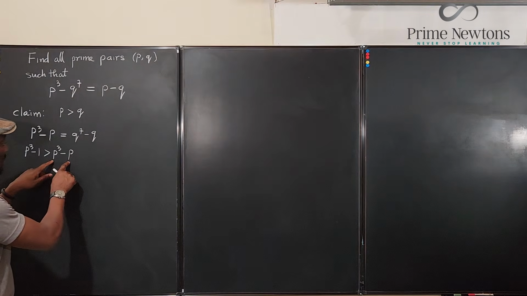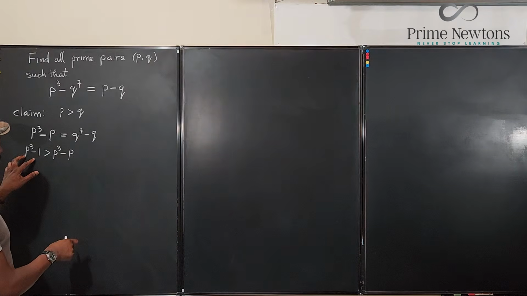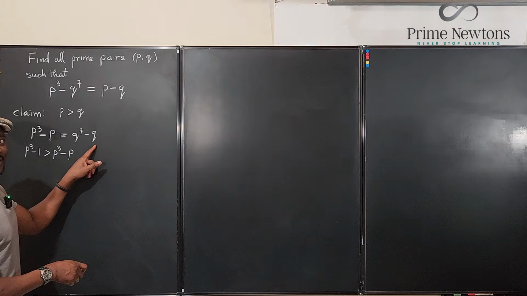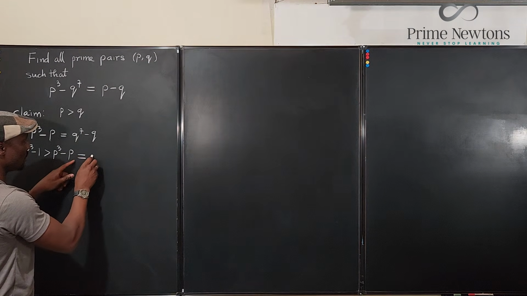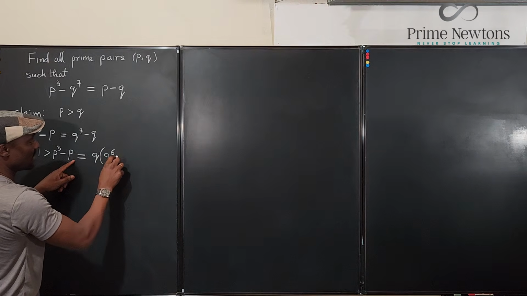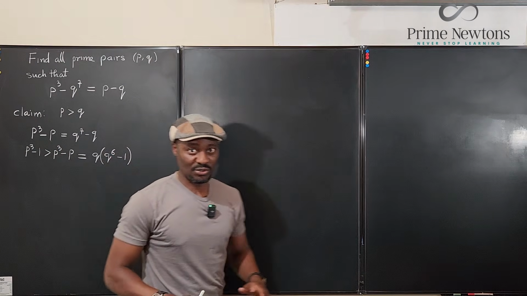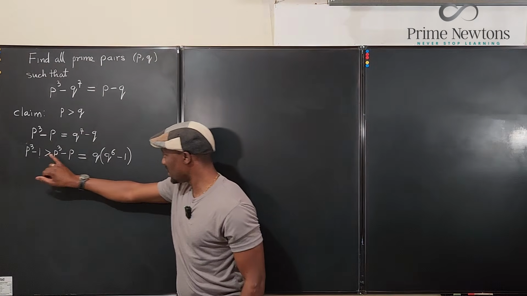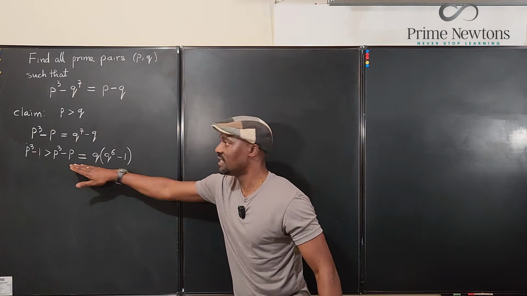But we said P cubed minus P is equal to this, so that means P cubed minus 1 is greater than this, right? But we know this is equal to Q times, if we factor it out, Q to the sixth minus 1. Okay, I'm just trying to save space here. So P cubed minus 1 is greater than Q times Q to the sixth minus 1. We can easily see that.